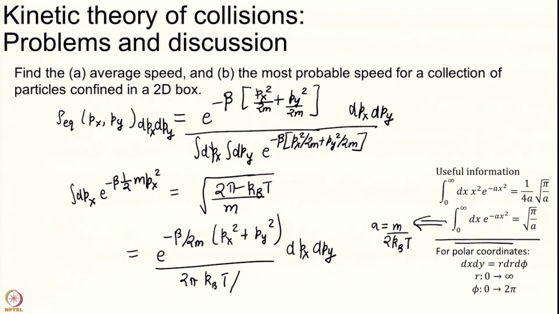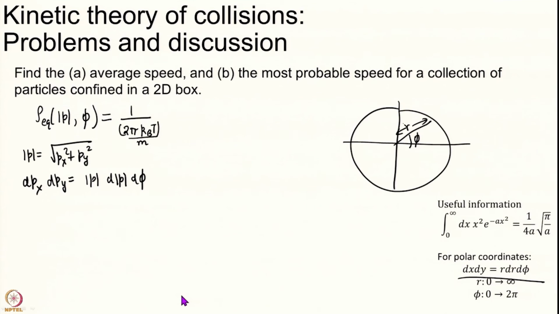I think I have forgotten a divided by m here. Okay. So, this thing, to keep on going back to pen. Okay. E to the power of minus beta, I had Px square plus Py square, which becomes mod p square over 2m into the volume element. So, this thing.